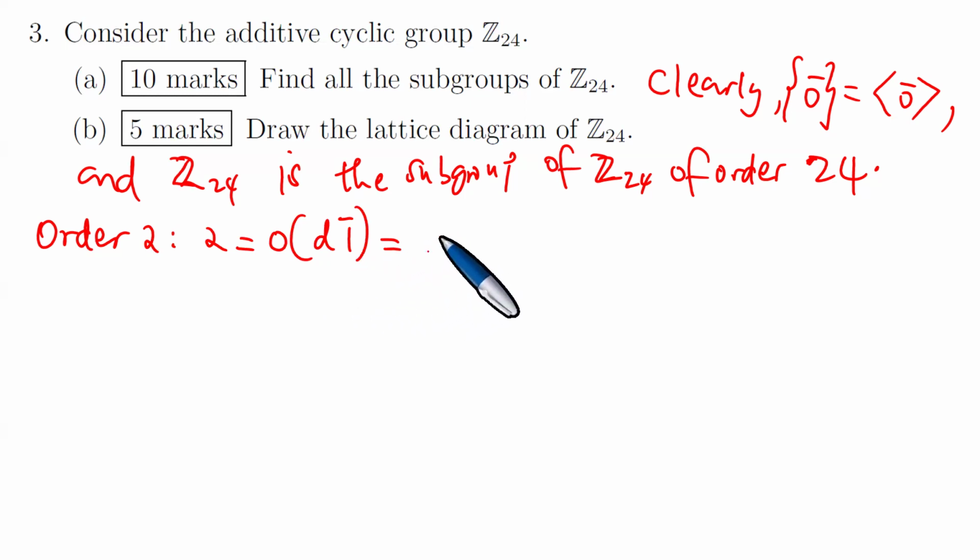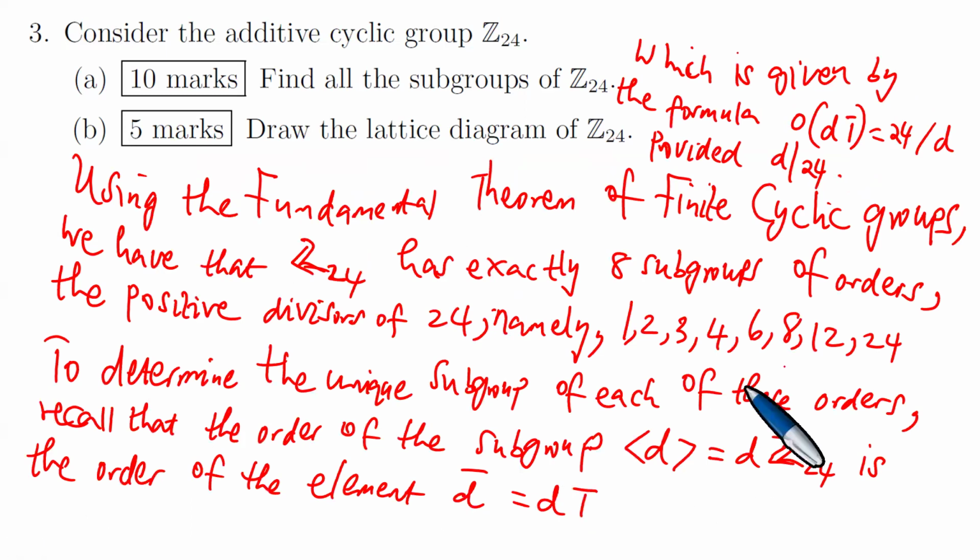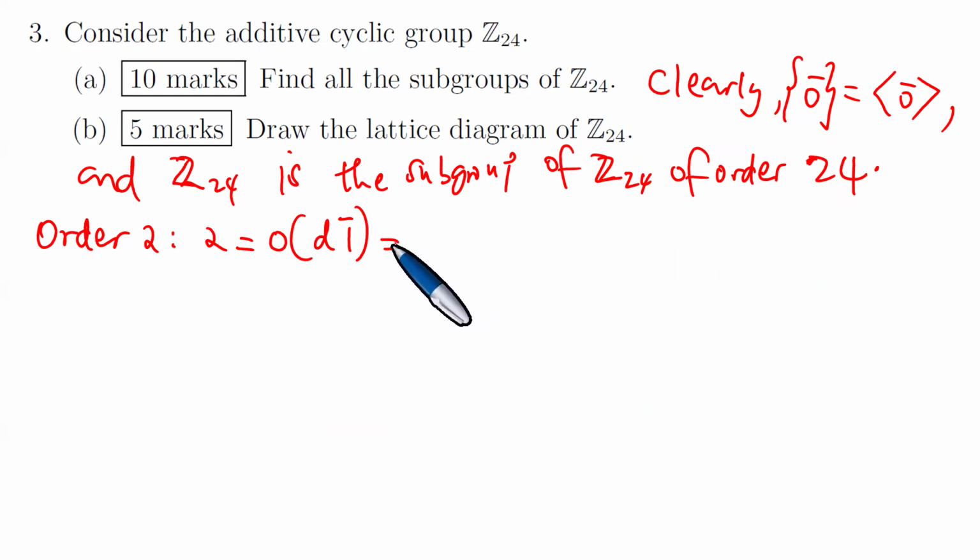According to the formula we wrote before, because we're dealing with Z24, the order of D1 bar is going to be 24 divided by D. If the result is 2 here, that would mean D is 12, because 24 divided by 12 indeed gives us 2. We're just practicing the notion of finding the subgroups of some of these specific groups.